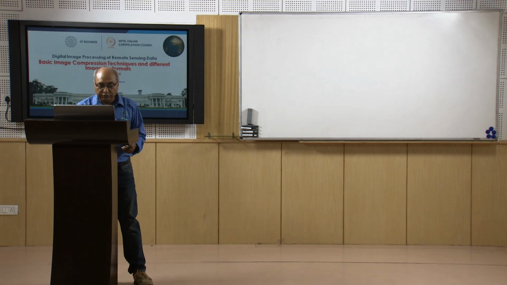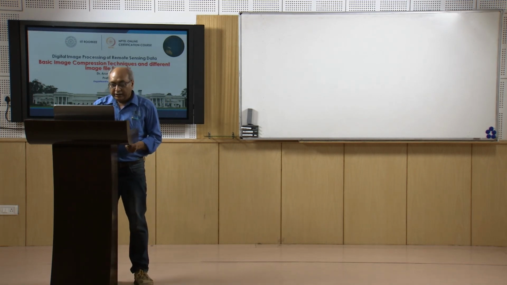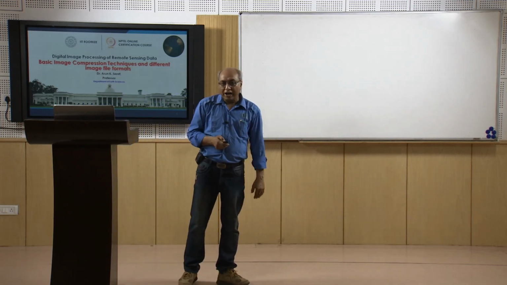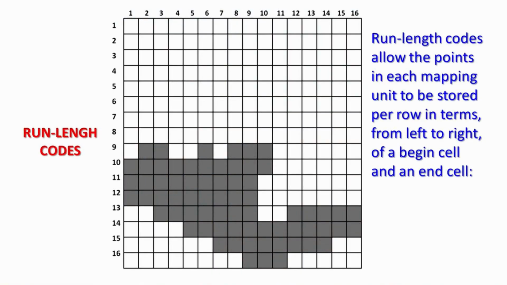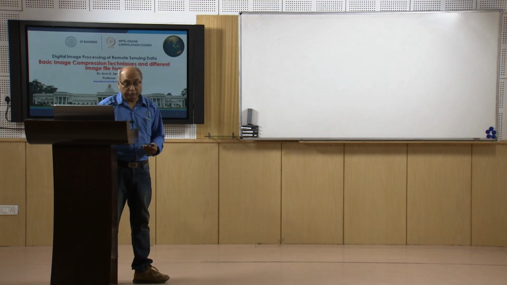So the first basic technique which we have just discussed is chain codes. Now there is a very popular compression technique also called RLE, run length encoding or run length codes. It allows the points in each mapping unit, and the mapping unit is our pixel, to be stored per row from left to right in terms of a begin cell and end cell, because the location of the cell has to be also stored.